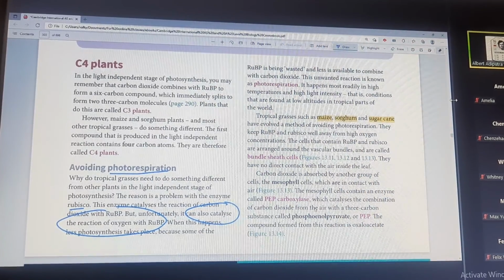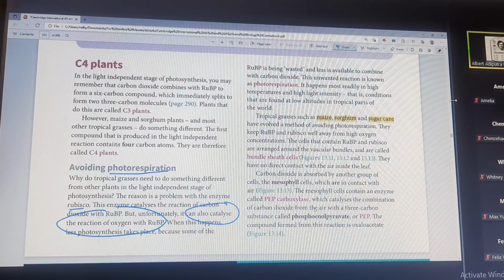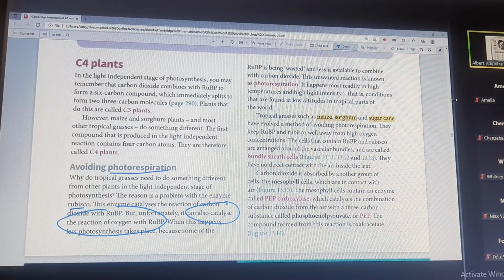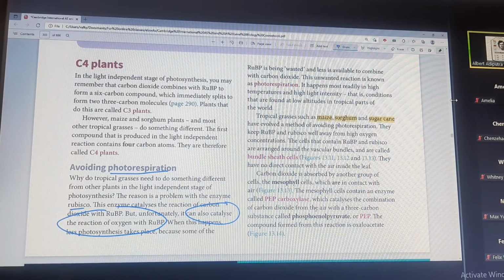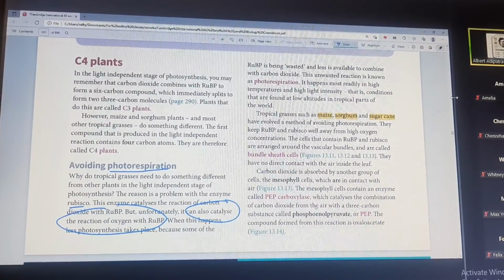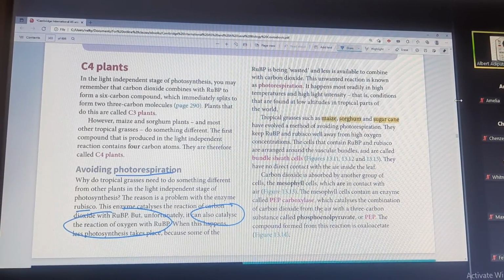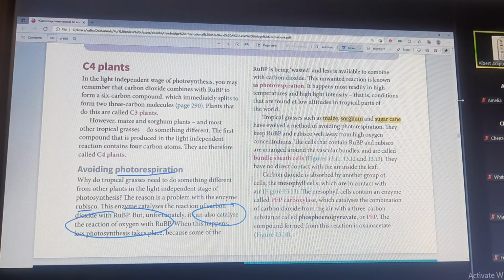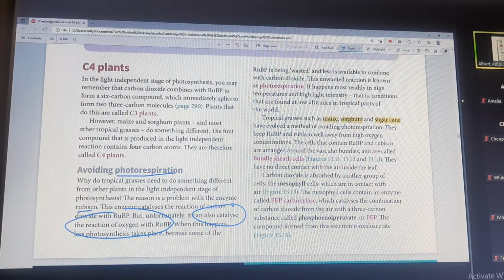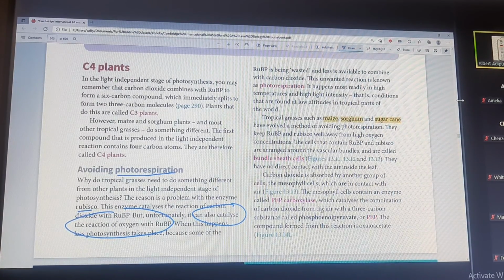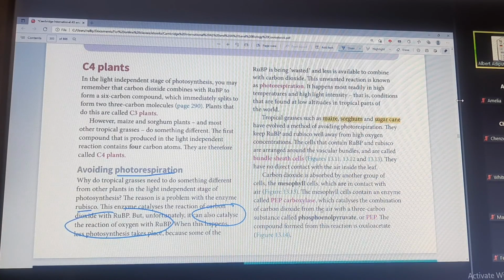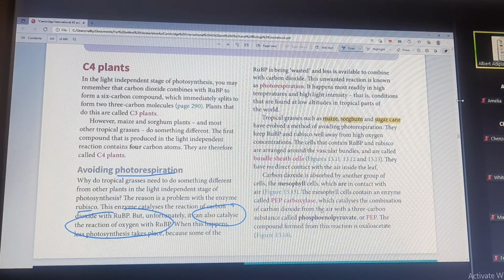And it turns out that the combination of oxygen and RuBP can fit into the active site as well as carbon dioxide and RuBP, almost as well. And therefore, if the rubisco is exposed to a hotter temperature, you not only expect a faster reaction between RuBP and CO2, but you also expect the reaction between RuBP and oxygen.